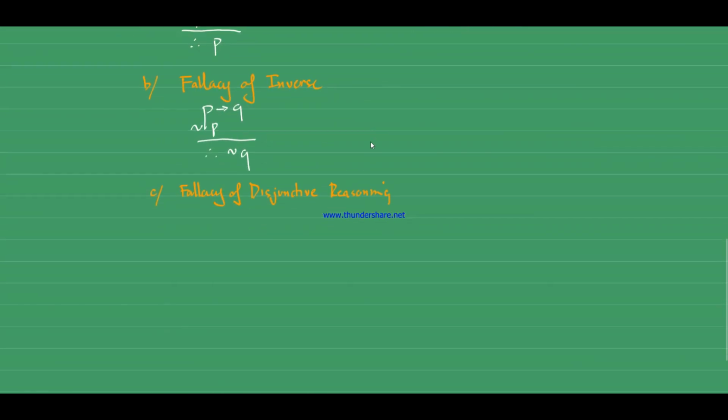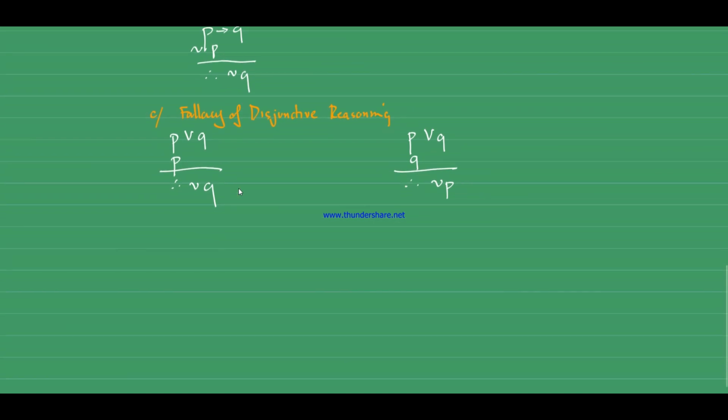Over here we have two forms of invalid argument. The first form is you have P union Q, and then you have P, then you have negation of Q. And the second form, if you have P union Q, then you have Q, then you have negation of P. If it is in this form, that's the fallacy of disjunctive reasoning. So the argument is invalid.